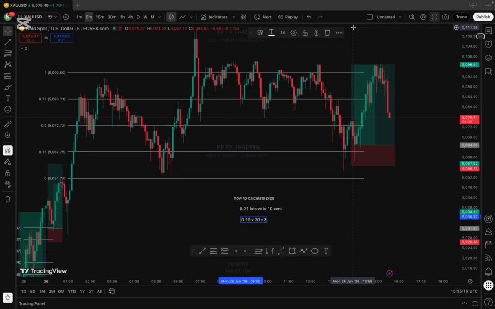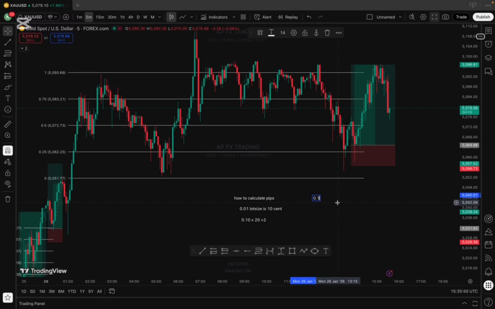Let's say for example now you are using 0.1 lot size, right? How will you calculate this lot size now?